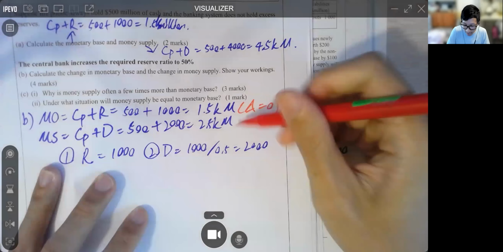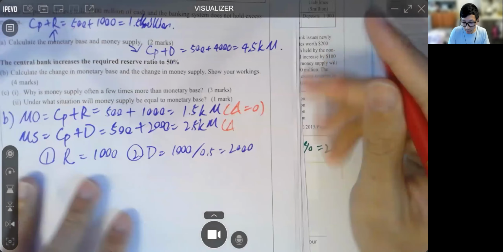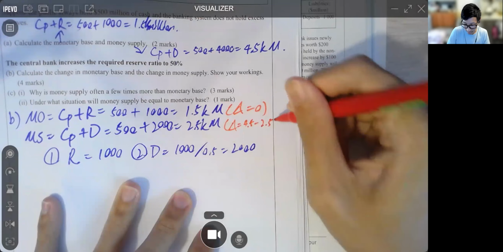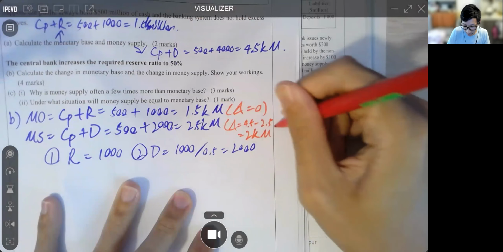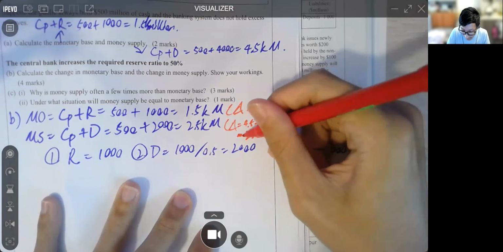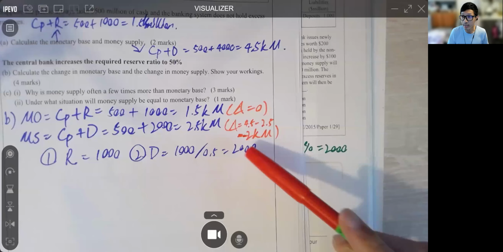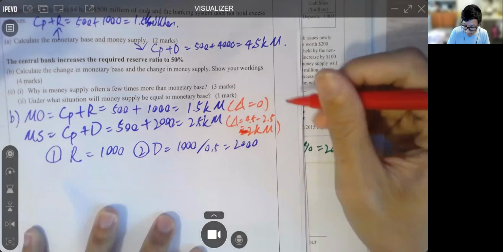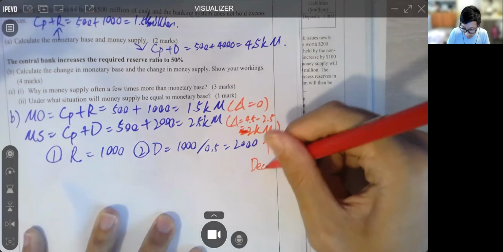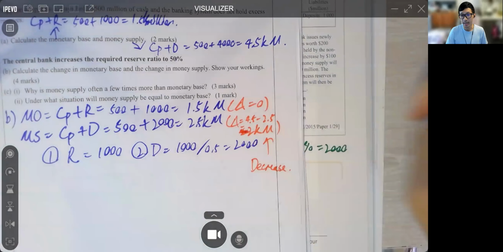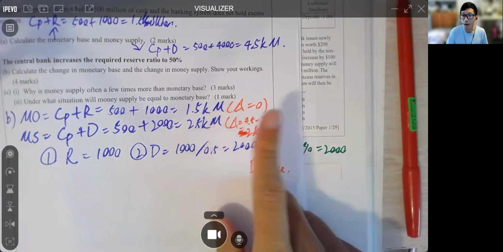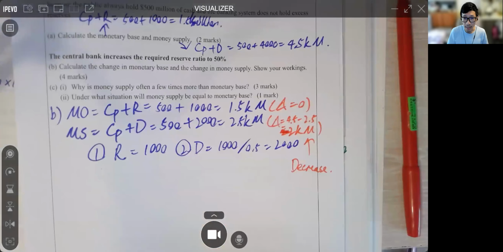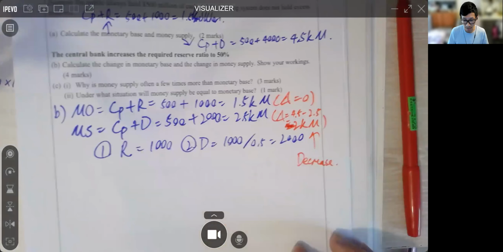So the change you need to calculate used to be 4.5 minus 2.5, which would be 2K million. And this is a decrease. Write the sign clearly. So this is a decrease of 2K million. Okay, done. So this is how money supply has changed.